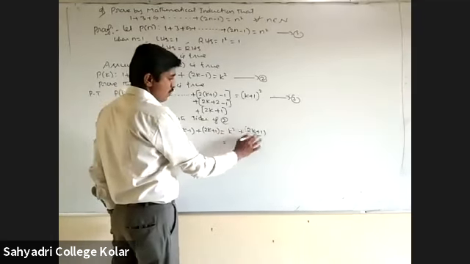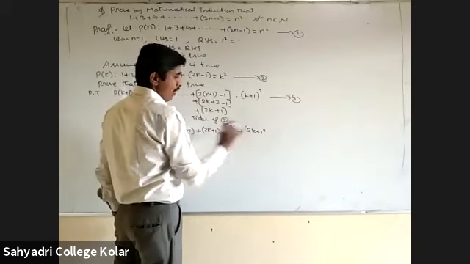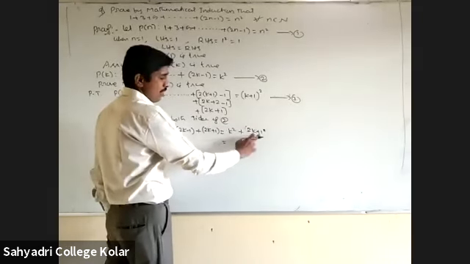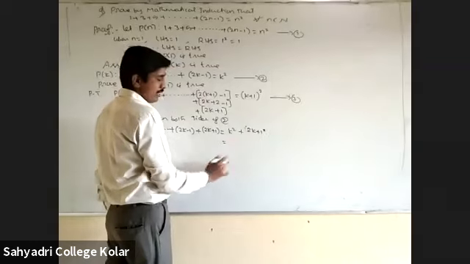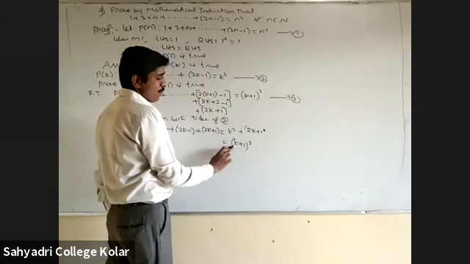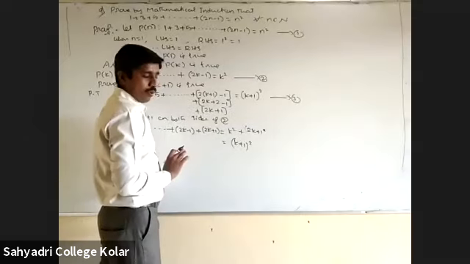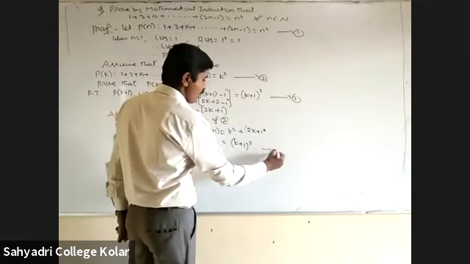Here k square plus 2k plus 1, here k square, plus here 1, write 1 square. So a square plus b square plus 2ab, which is a plus b whole square, here k plus 1 whole square. Expand this: k square, b square means 1 square, plus 2ab means 2 into 1 into k. Got it. Call this equation 4.